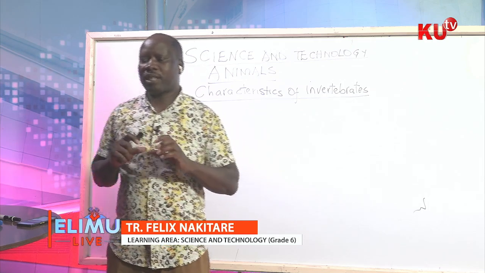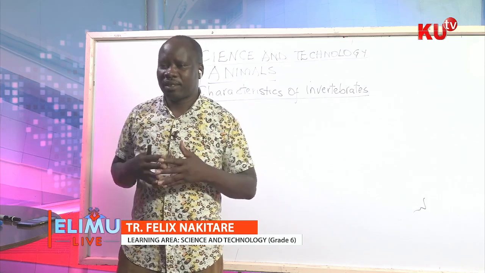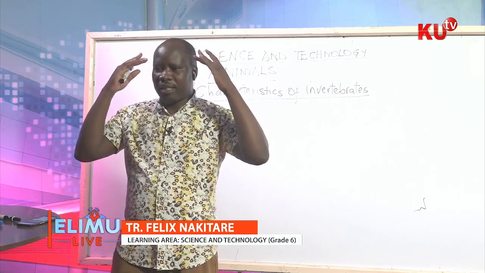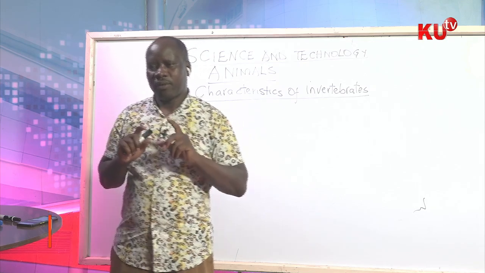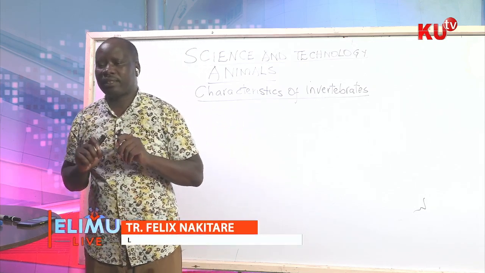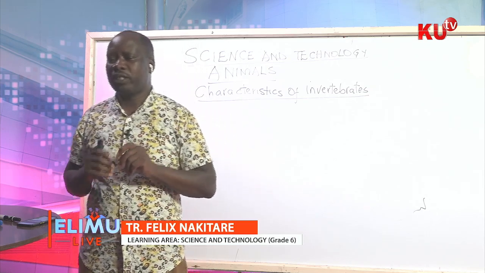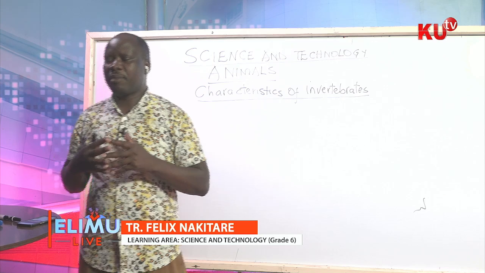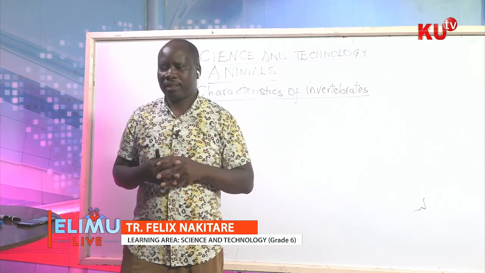And when some animals have similar features, maybe let's say they all have hands or they all have heads, then they are put in one group. Therefore, invertebrates are also put into 4 different groups, depending on the features that each of the groups has.